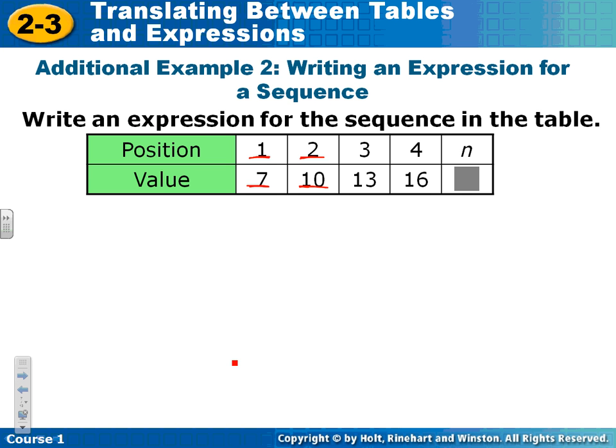Ian? Well, 1 times 5 is not 7. So that doesn't work. This one's tough.